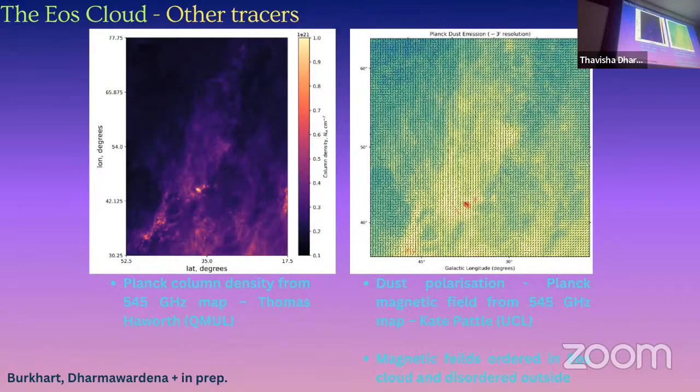And we think this is the little CO nugget that we're seeing in dust over there. And I'm not sure how clear these lines are over here, but when you compare the cloud magnetic field ordering to its surroundings, the magnetic field is much more ordered within the cloud than its surroundings. So this gives us evidence that it's a single structure and not multiple structures.